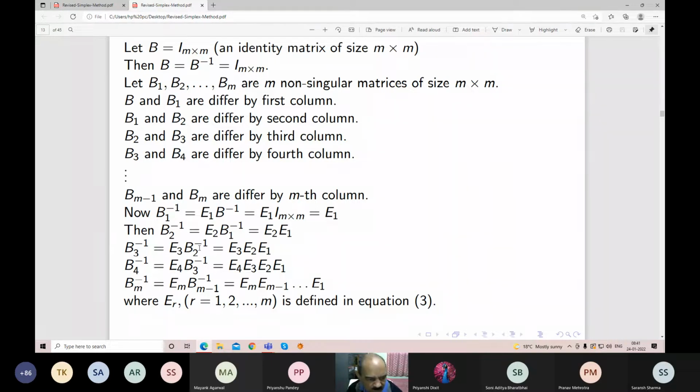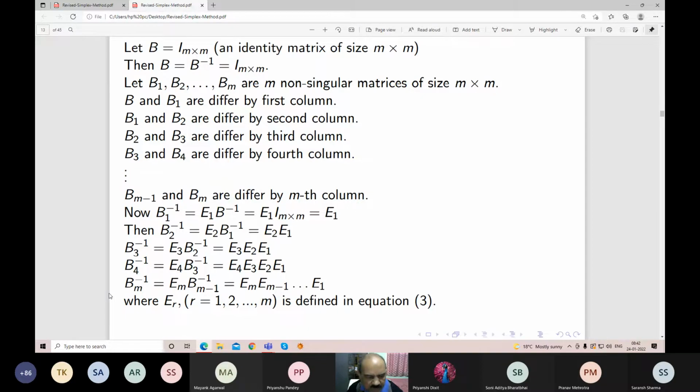As a result, B3 inverse is becoming E3 into E2 into E1. Similarly, B4 inverse is nothing but E4 into B3 inverse, that is becoming E4 into E3 into E2 into E1.